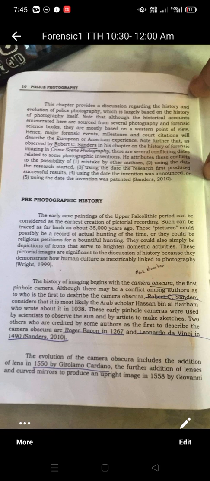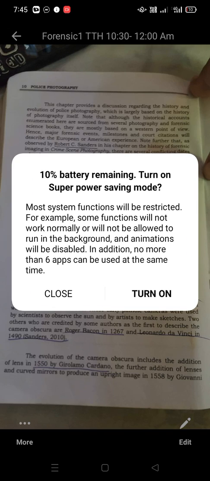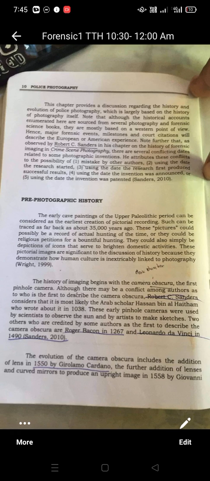The pinhole was used by scientists to observe the sun and by artists to make sketches. Two other authors who first described the camera obscura are Roger Bacon in 1267 and Leonardo da Vinci in 1490 (Sanders, 2010).